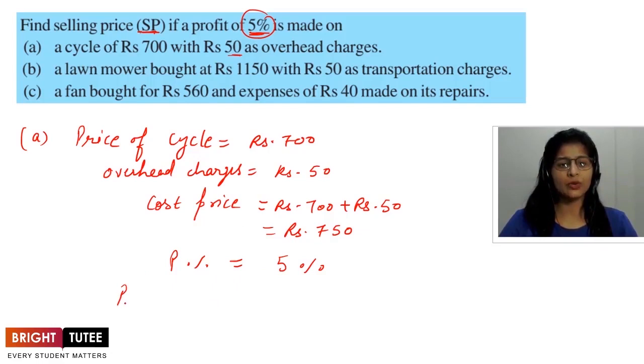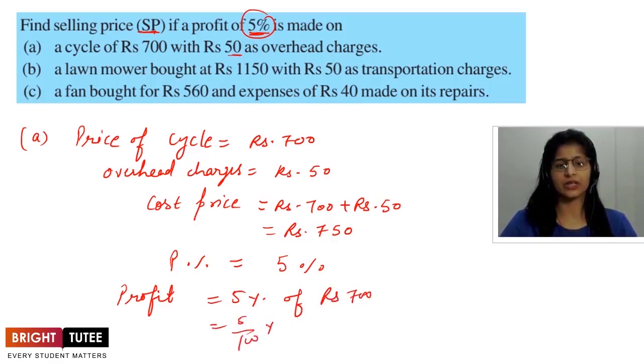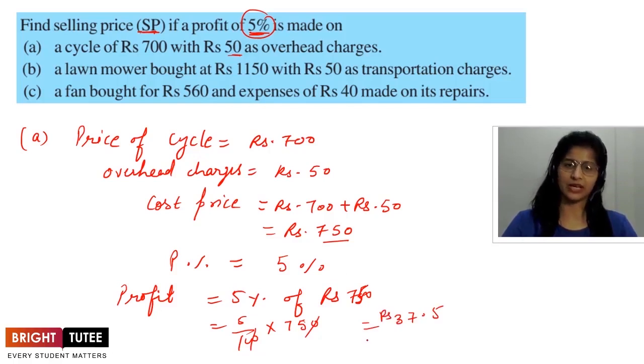So we will calculate profit as 5% of rupees 700, right? So we get 5 upon 100 into 7, actually it is 750. The total cost price is 750. So 750. Solving it, we get 37.5. So this is the profit that we have got.